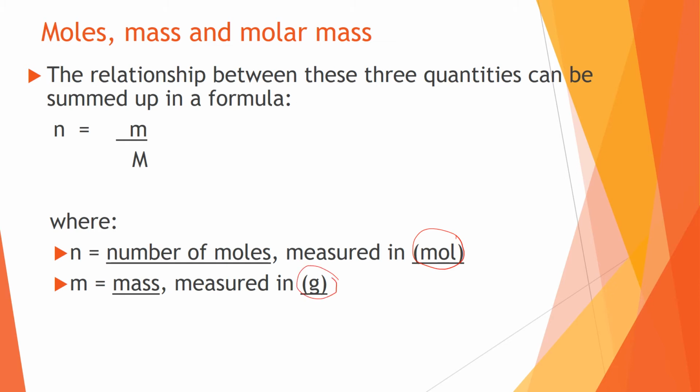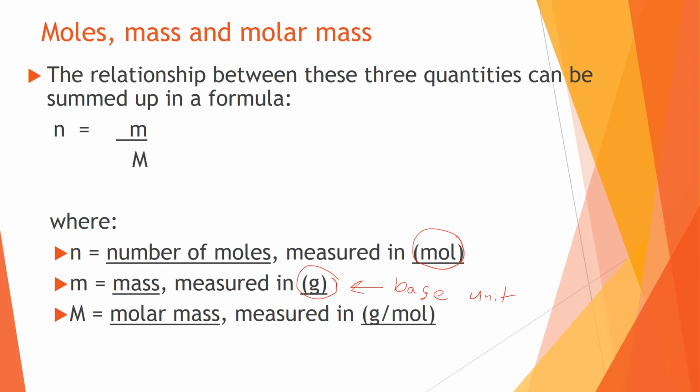So be careful. If in a question you're given milligrams, or kilograms, always convert it back to the base unit. The base unit for mass is grams. And then big M, or uppercase M, is the molar mass, and it's measured in grams per mole.